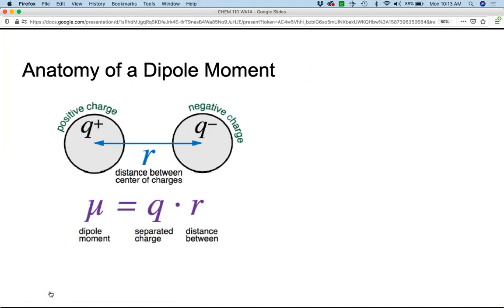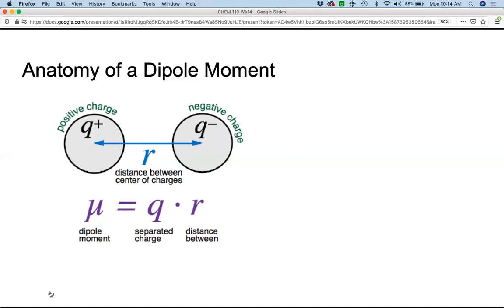Before we go on though, we want to talk a little bit about this idea of a dipole moment. So a dipole is the interaction between charges. And that interaction between charges is really governed by the distance between those charges. So a dipole moment is separated charge and the distance between those charges.